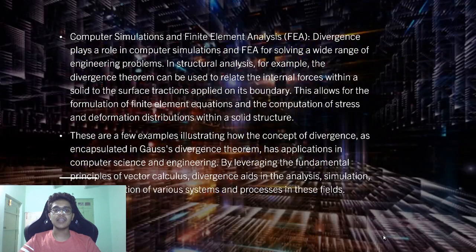Moving on to the next slide, we have computer simulations and finite element analysis, or FEA. Divergence plays a very important role in computer simulations and finite element analysis for solving a wide range of engineering problems. In structural analysis, for example, the divergence theorem can be used to relate the internal forces within a solid to the surface tractions applied on its boundary.